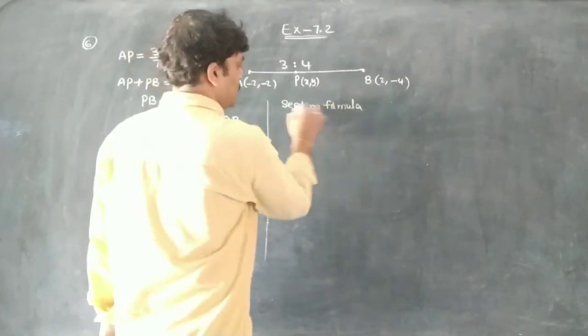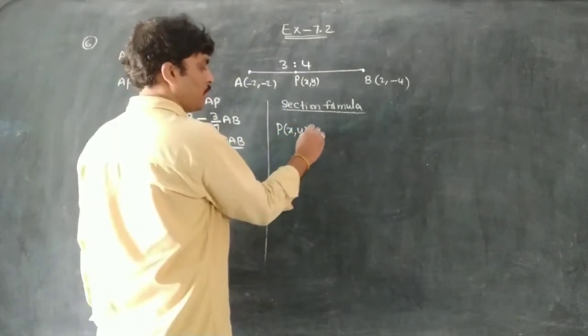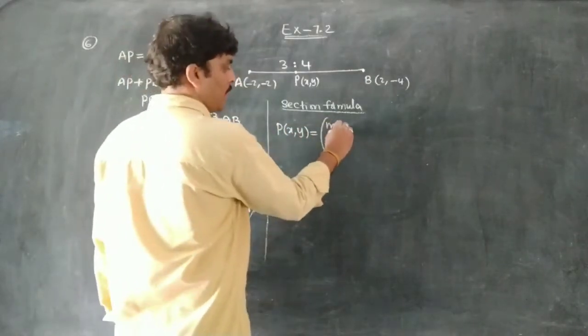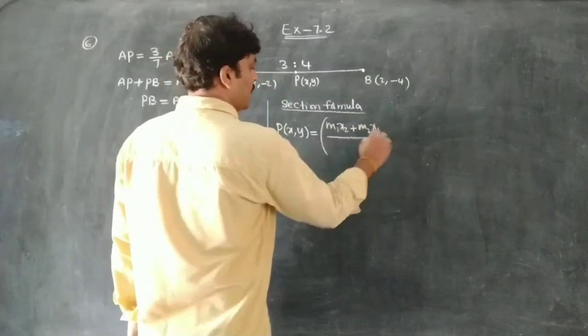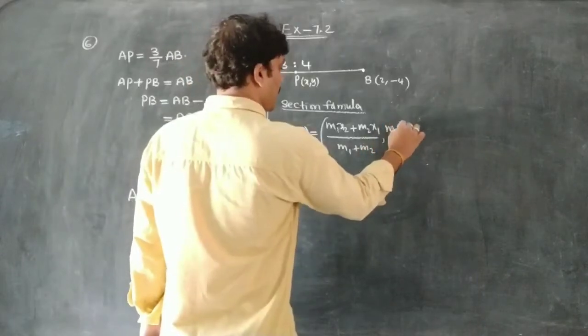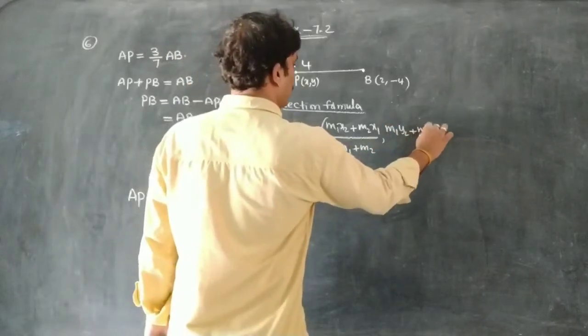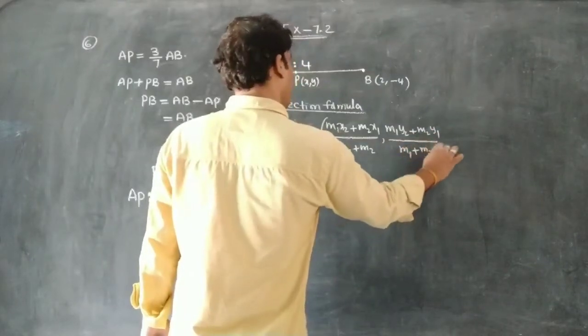By using the section formula, the coordinates of P x comma y is equal to m1 x2 plus m2 x1 by m1 plus m2, next m1 y2 plus m2 y1 by m1 plus m2. This is the formula.